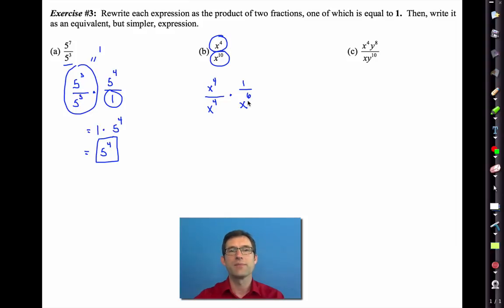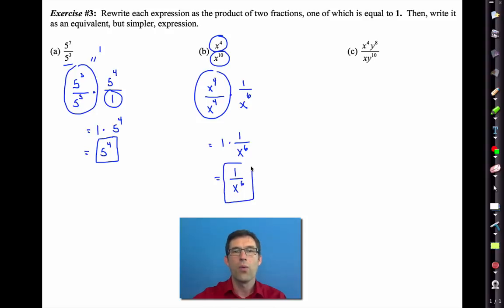X to the 4th times x to the 6th is x to the 10th. This now is equal to 1 times 1 divided by x to the 6th, and that gives us 1 divided by x to the 6th. Watch out, it would be tempting to say that's x to the 6th, but it's not, right? 1 divided by x to the 6th is very different than x to the 6th divided by 1.